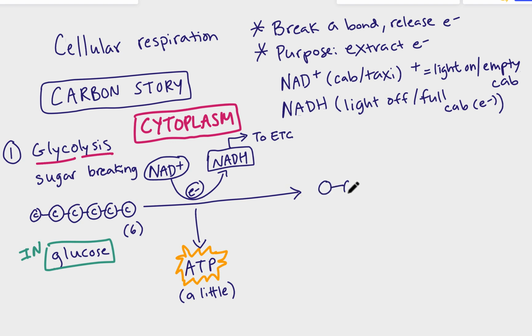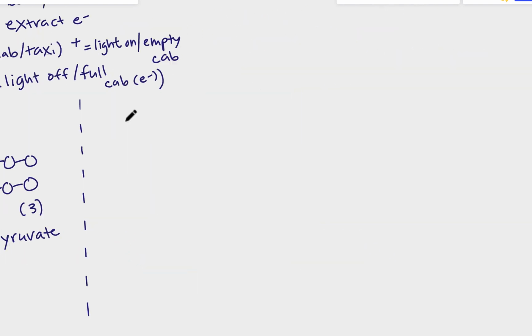So what happens after we break the glucose in half? Well, we get 2 3-carbon compounds. And this molecule is called pyruvate. Okay, so now we have 2 pyruvates that have more electrons in their bonds we want to extract.